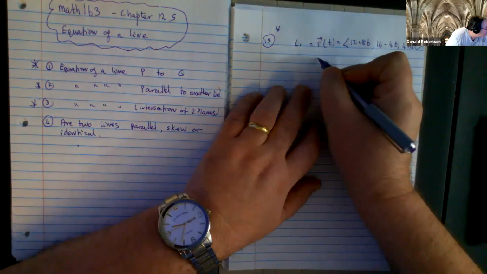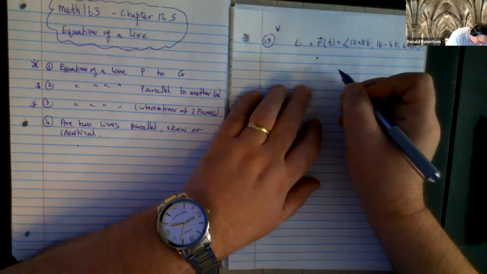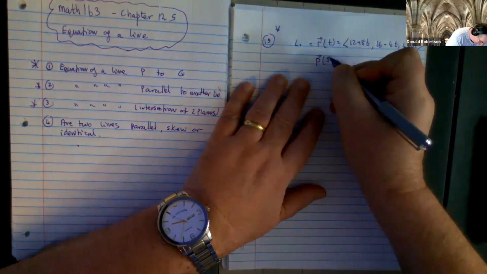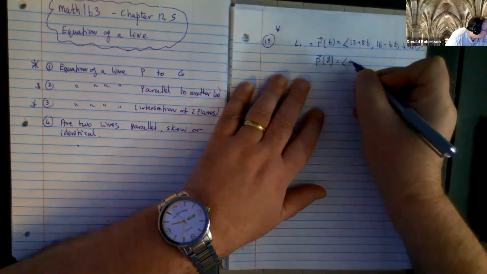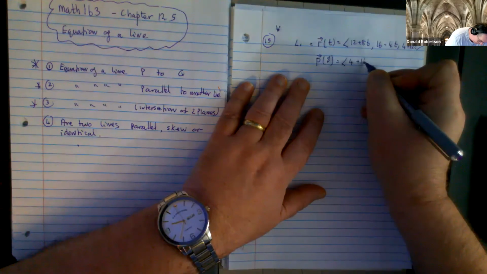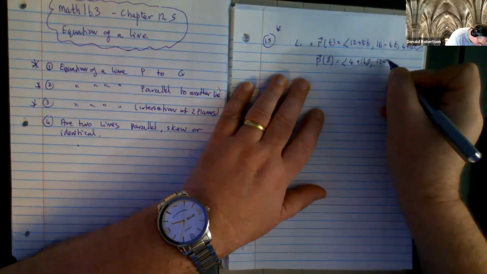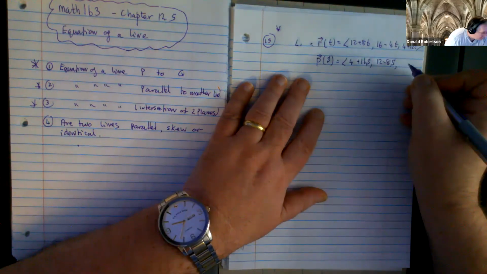And we've got another guy, I'm going to have to call it something, aren't I? It's going to have S in it, or P of S. And it's going to be 4 plus 16S, 12 minus 8S, and 16 plus 20S.